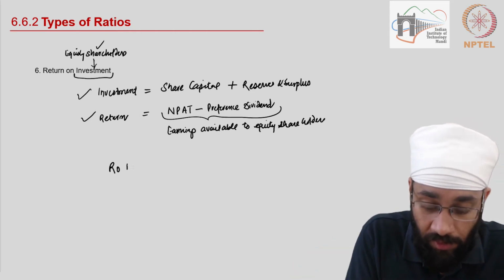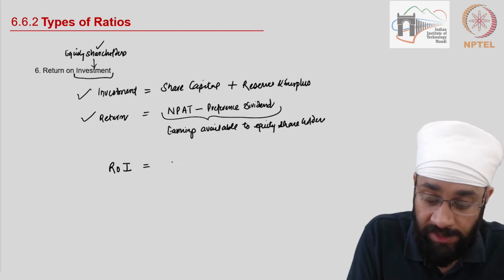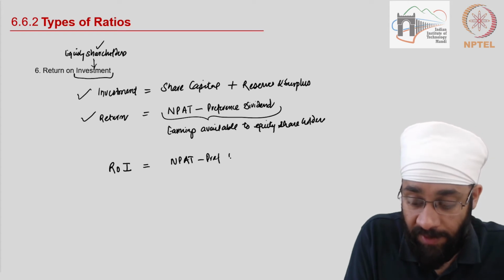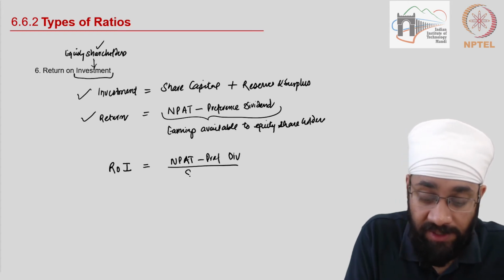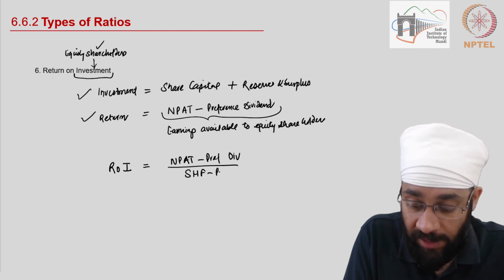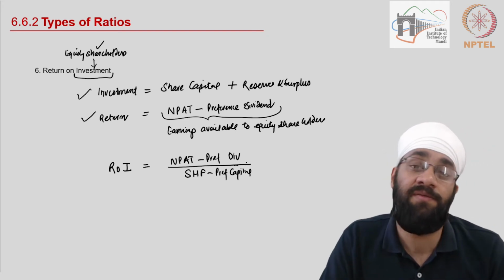So return on investment to the equity shareholders is equal to net profit after taxes minus the preference dividend, and you divide this by shareholder funds minus the preference capital. You do not want to include preference capital because you have taken out the preference dividend as well.